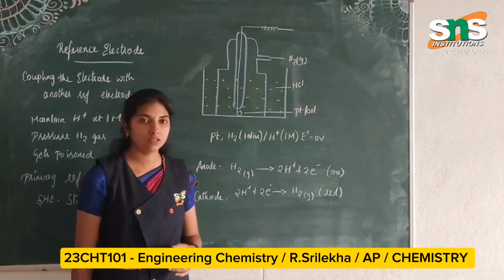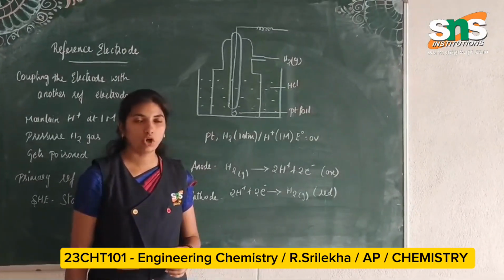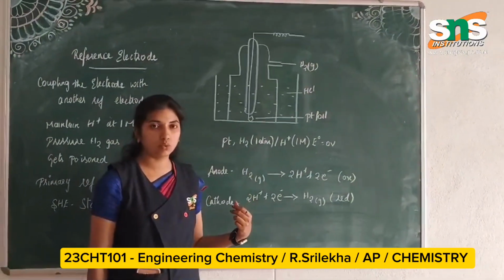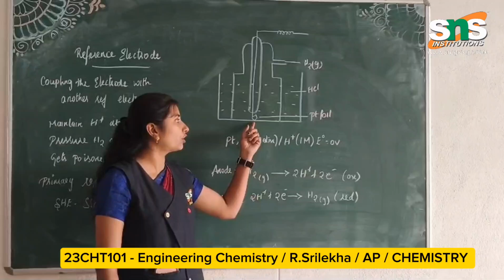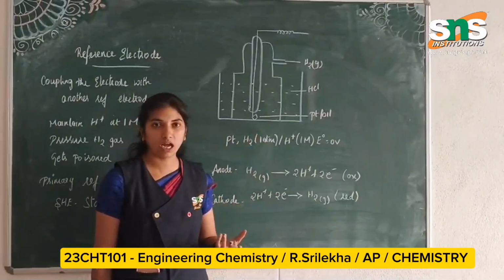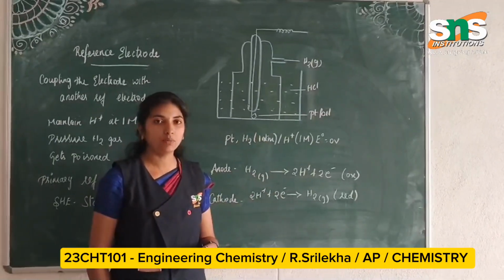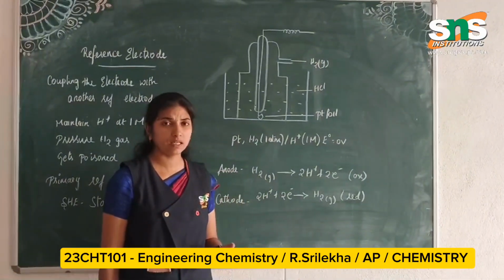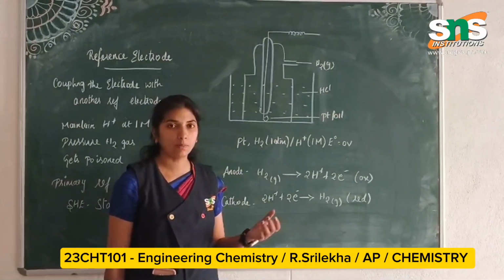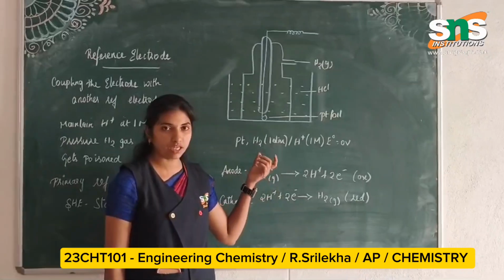So the limitations of the SHE: it cannot maintain a constant hydrogen gas supply throughout the experiment. The platinum foil can be easily corroded by the hydrogen gas, the electrode cannot be easily transported to other places, and it is difficult to maintain constant temperature and pressure of the hydrogen gas.